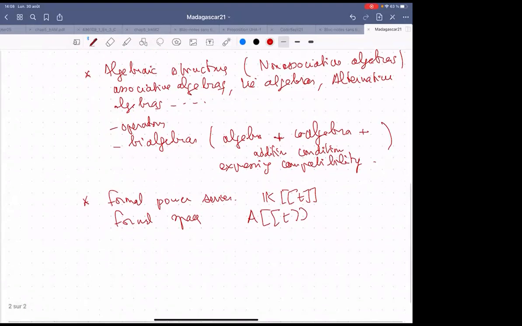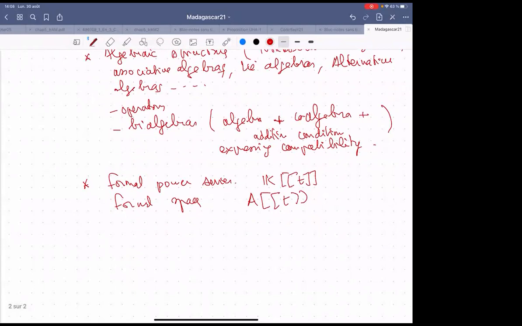And the main ingredient to control these deformations will be cohomology.